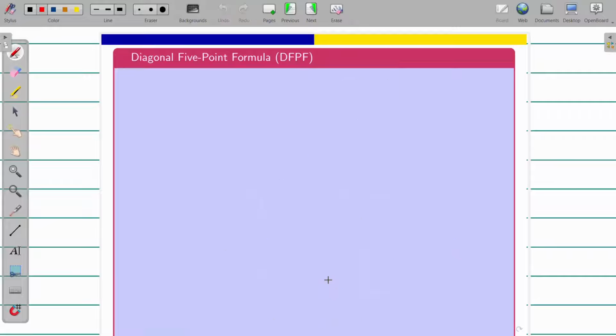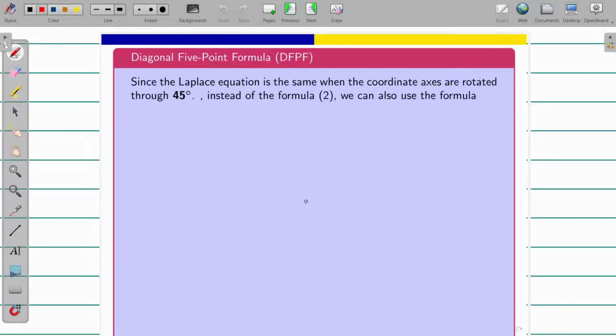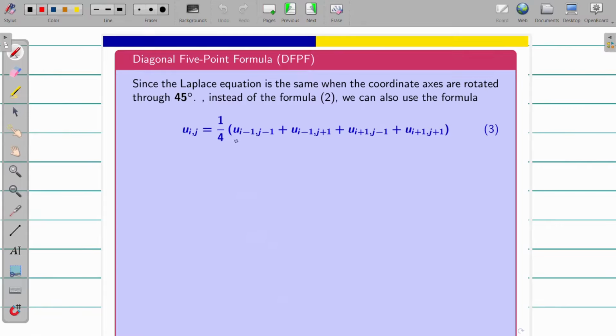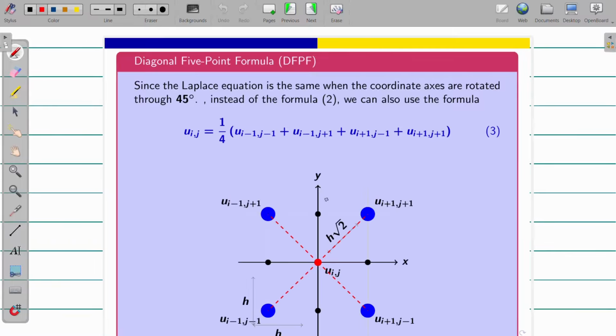Similarly, we can derive the diagonal 5-point formula. The diagonal 5-point formula represents this equation. No need to be confused here. I will show you the graphical representation, then you can see how easy this one is. Look at that. u_ij is the same thing.